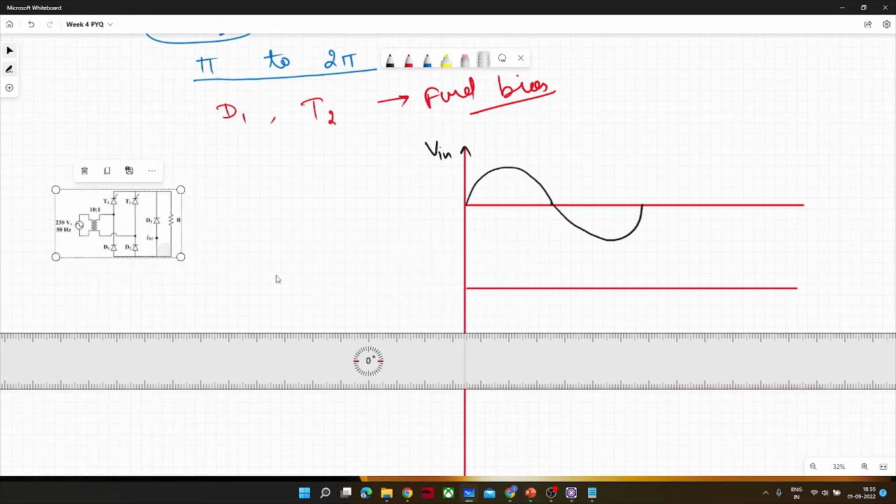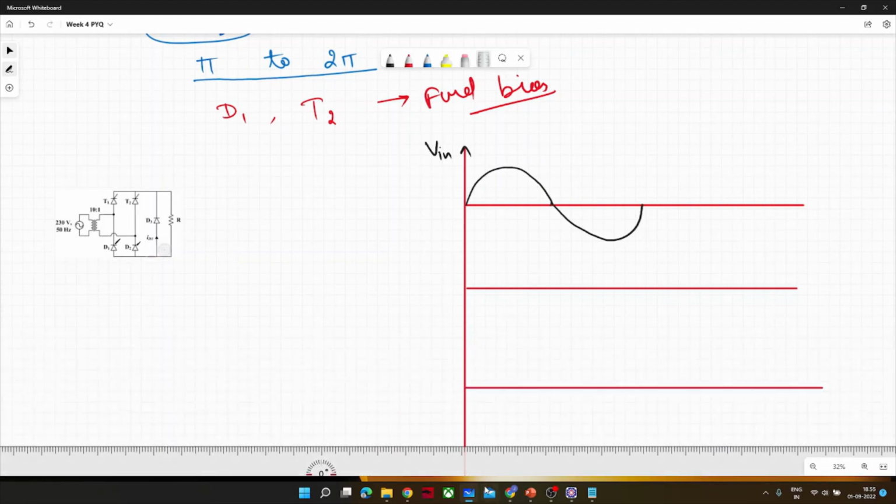Yeah, so let's see the case of full bridge rectifier. Okay, full bridge rectifier. This is V in. Now, let's assume this diode is not present.